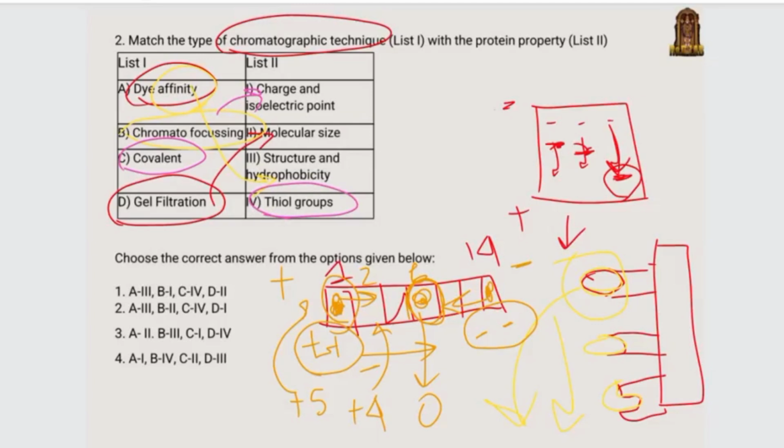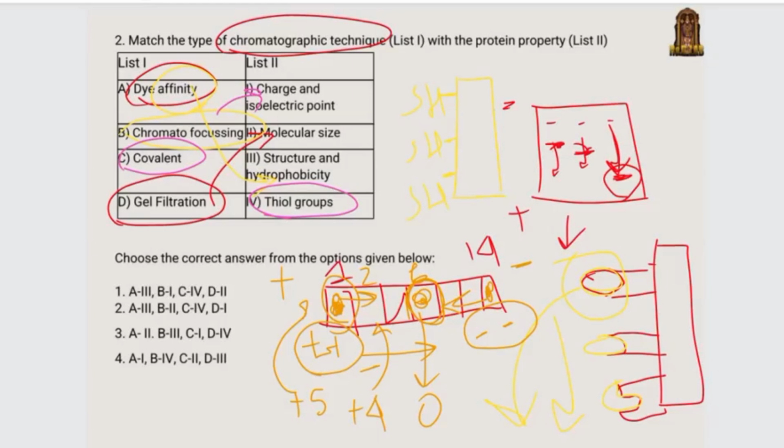Here again you have to have an immobilized paper or filter, whatever. So here you will take the particles which have the free SH group, that is the thiol group.